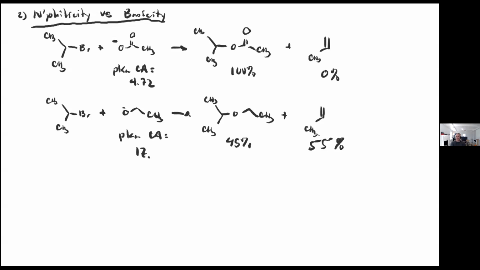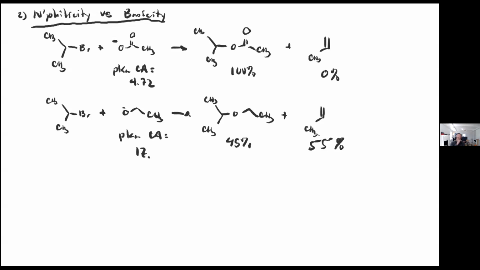When you have secondary substrates, this is where you need to decouple nucleophilicity and pKa, okay? In this case, if you look at the bottom equation, alkoxide is not a better nucleophile. We're getting more of the elimination product, right? And so as the pKa of the conjugate acid increases, becomes more positive, the elimination pathway starts to predominate, okay?